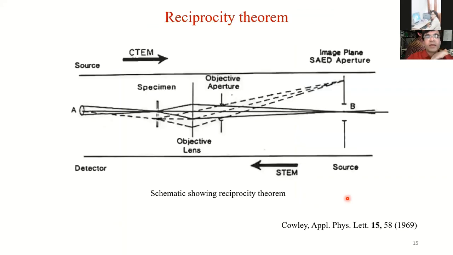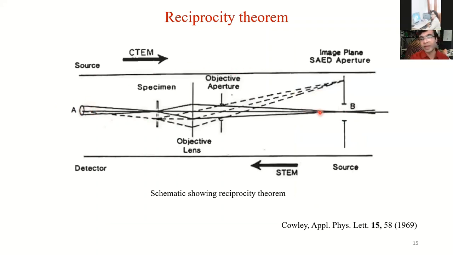Then John Cowley, from ASU, came up with the reciprocity theorem. The reciprocity theorem basically tells us that if you have TEM, with the electron source here and the detector here, you can just flip these two components.